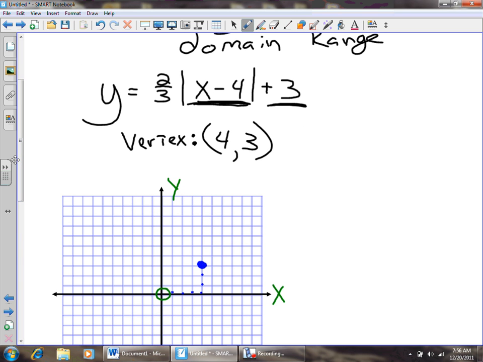How do I know that? Because my slope is positive. So my V will open upward. So I will rise 2 and then run 1, 2, 3 from the vertex. But because of symmetry, I'm going to rise 2 and go back 1, 2, 3. And there we go.